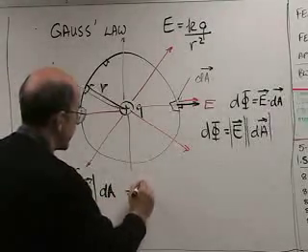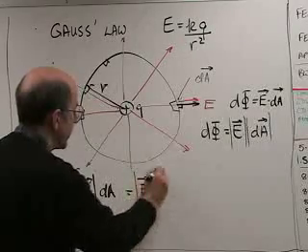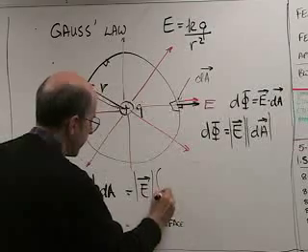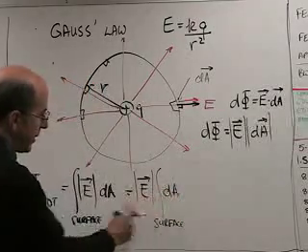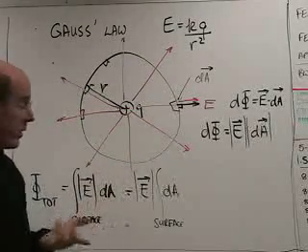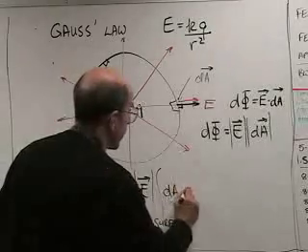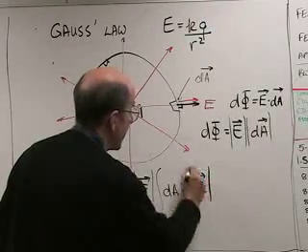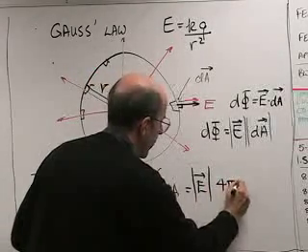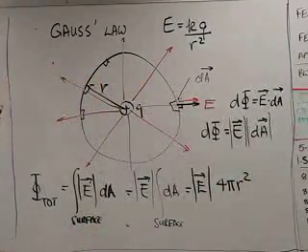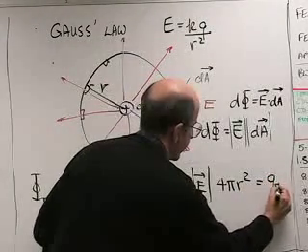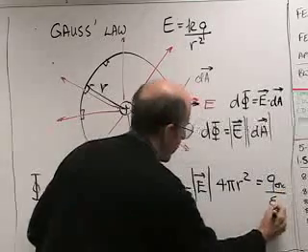And so I can pull the electric field out of the integral, and I get the integral of dA over the surface. If I integrate these little increments of area over the entire surface, I just get the area of the spherical surface. So this is E times, let's see, the area on the surface of the sphere is 4 pi r squared. And then Gauss's law says this has to be equal to the charge enclosed over epsilon 0.